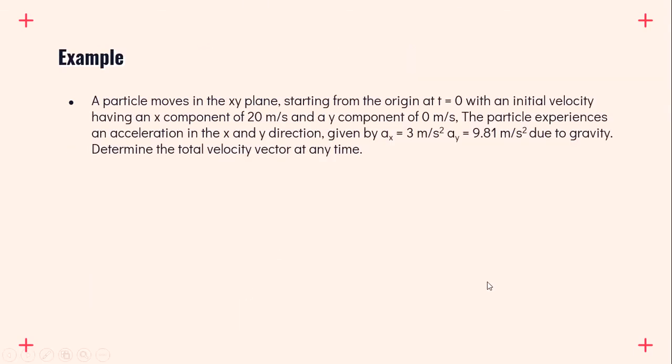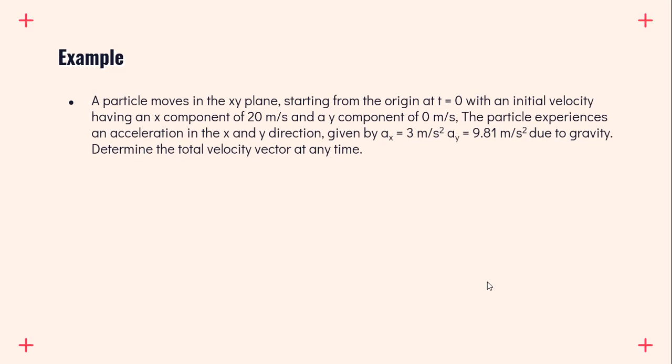So let us have an example. We have a particle which moves in the xy plane starting from the origin at t equals 0 with an initial velocity having an x component of 20 meters per second and a y component of 0 meters per second.